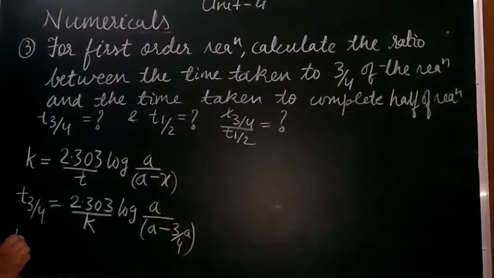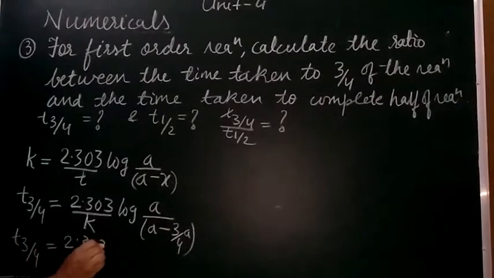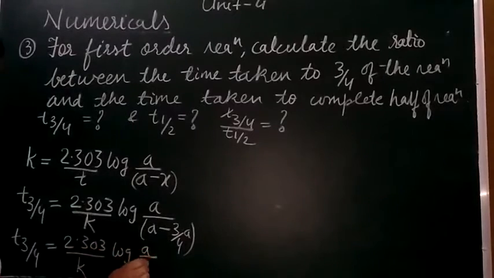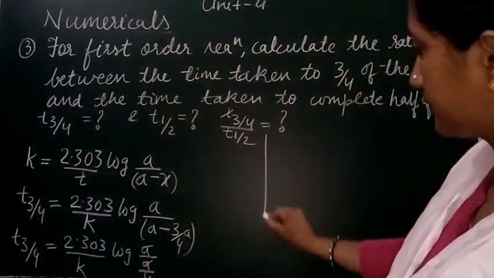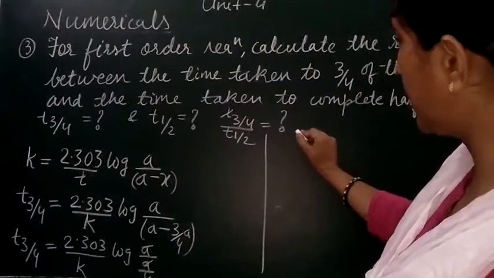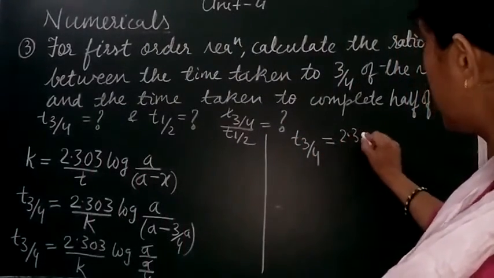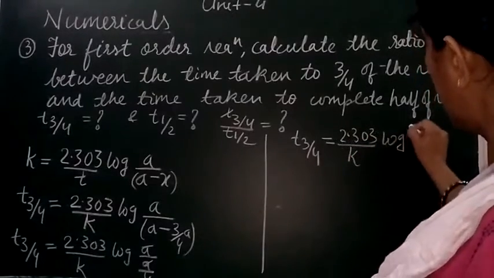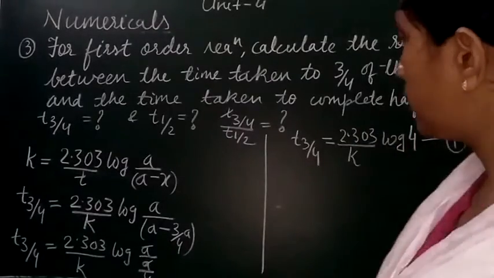So we are writing here t 3/4 equals 2.303 upon k log a upon a/4. So a and a cancel, and here we are going to get t 3/4 equals 2.303 upon k log 4. So student, this is the first part which we have done.